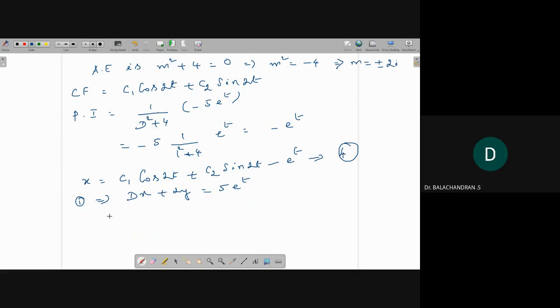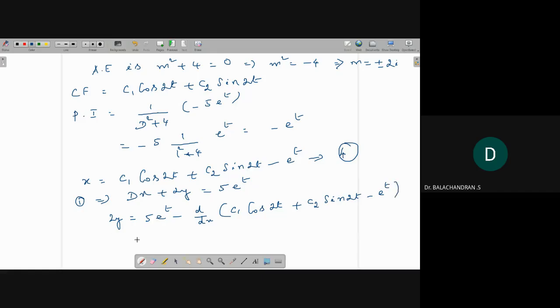So 2y equal to 5 into e power t minus Dx. D is d by dt of x, that is, of c1 cos 2t plus c2 sin 2t minus e power t.